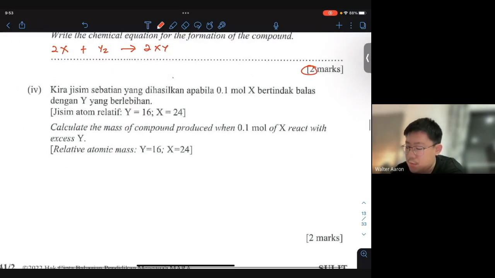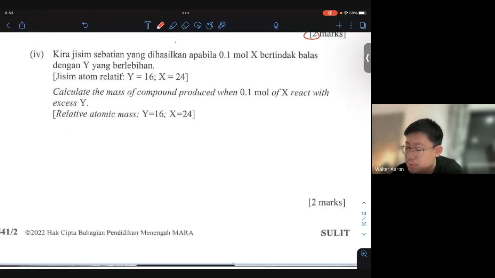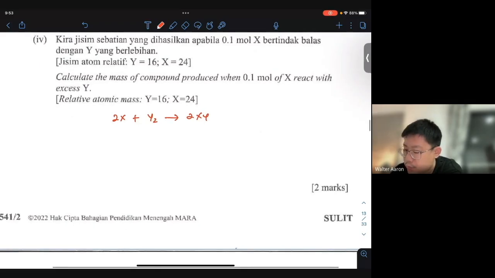Okay, number 4, calculate the mass of the compound produced when 0.1 mole of X reacts with excess Y. Now let's take a look at the compound produced. So we have 2X plus Y2 to get 2XY. So for every 2 mole of X, it gives you 2 mole of XY, which means the 1-to-1 ratio.